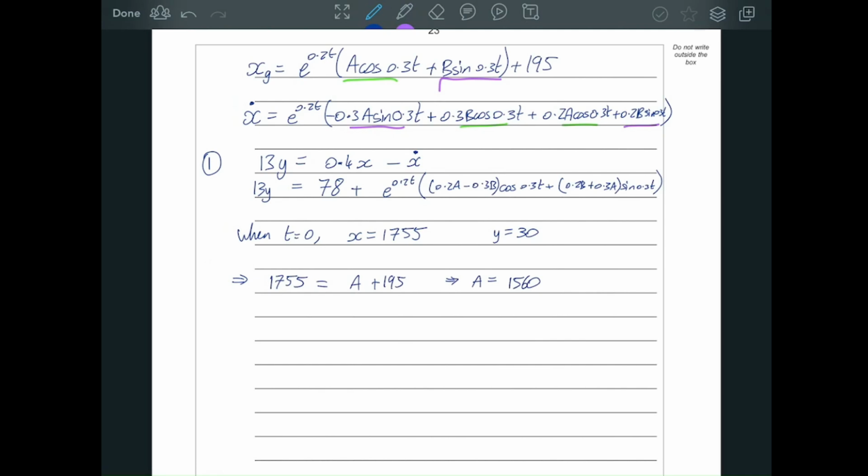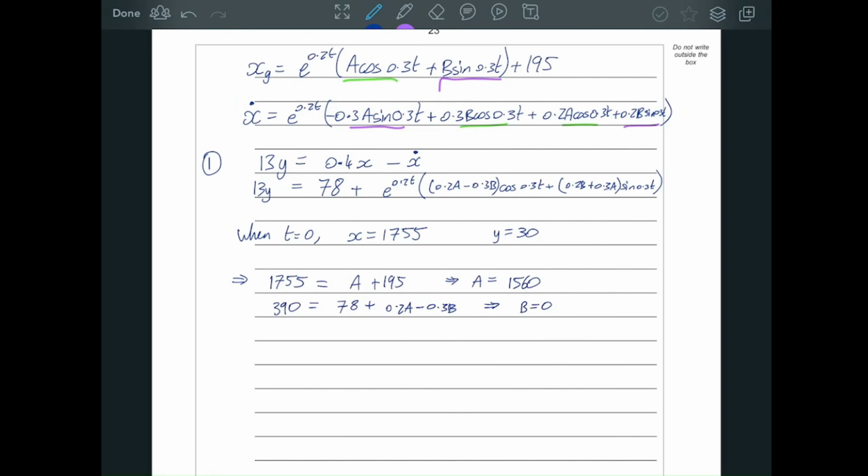And from the y, 30 times 13, 390 equals 78 plus, now again, the e term becomes just 1, the sine term disappears entirely, the cos becomes 1, plus 0.2a minus 0.3b, which is going to solve for b. So 390 minus the 78 minus 0.2 times 1560 all gives 0. So b is just 0.